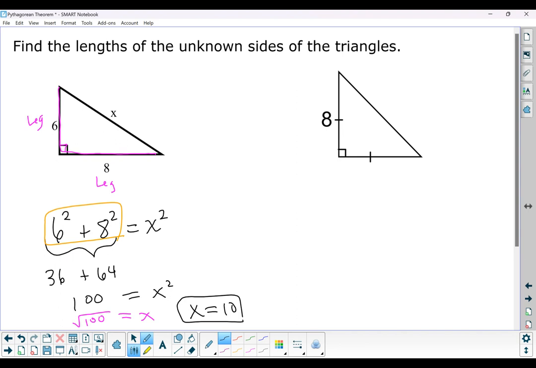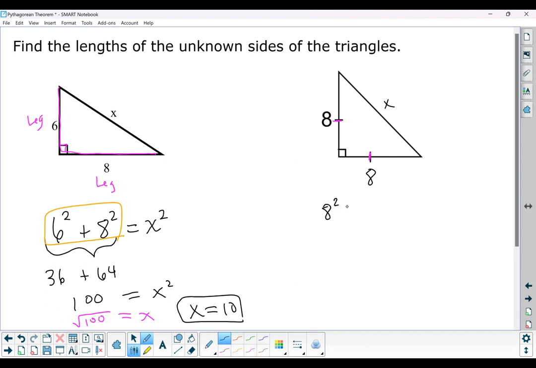In our second triangle, it has an 8 marked for one of the legs. When you see these kinds of markings in a diagram, it means those two segments have the same length. So this one is also 8. We're trying to find all of the sides, so we have found the other leg, and we still need to find the hypotenuse. I'm going to label that with an x.